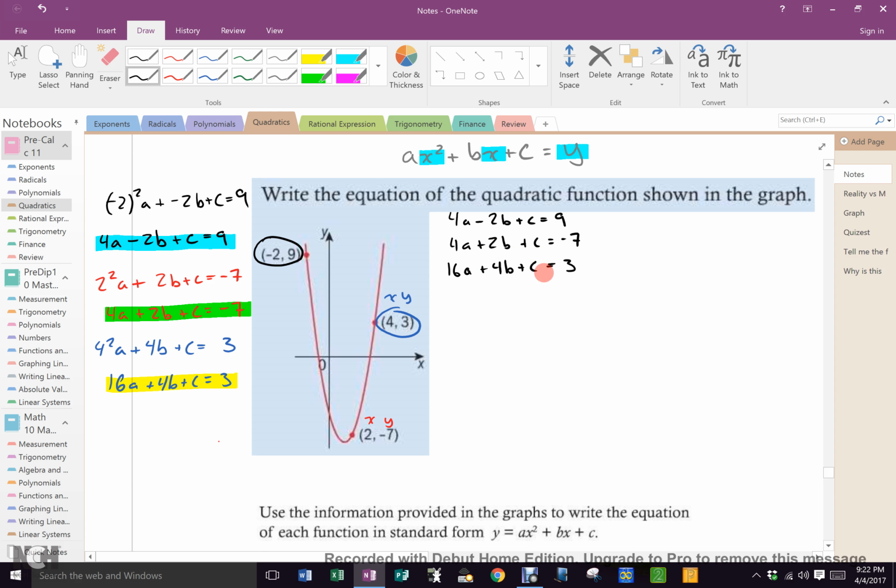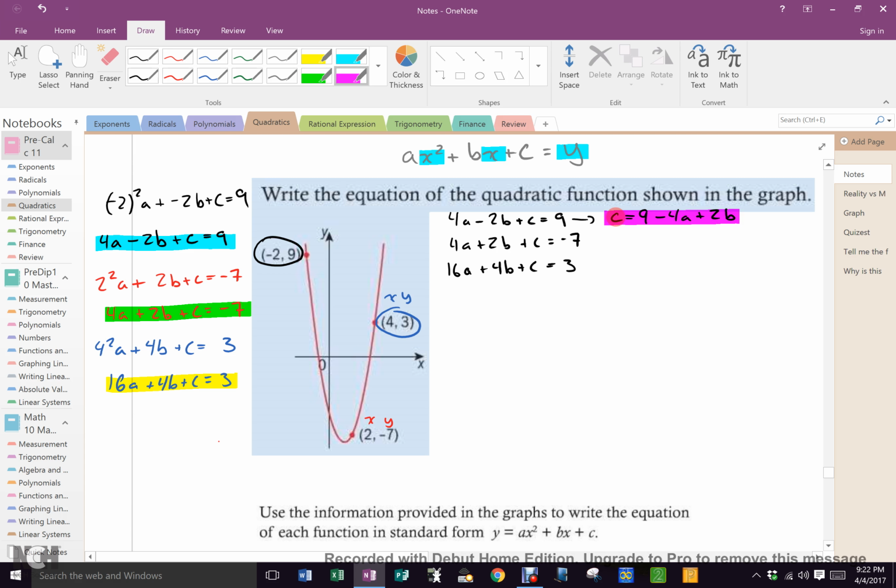Or you could change them around to eliminate variables. Or you can do substitution, which for this is what I like better. Take this equation here. C equals 9 minus 4a plus 2b.